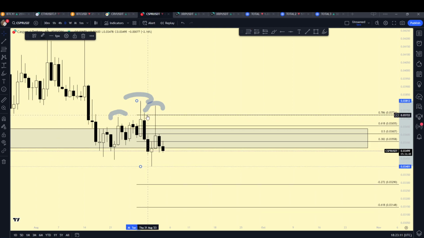We can see that I would have placed my entry right here, and then I would short the market, but I don't short Casper, right? And then I would put my stop loss above these levels. But what do I see? That if I would have shorted Casper, the market would have eliminated me by these long wicks.